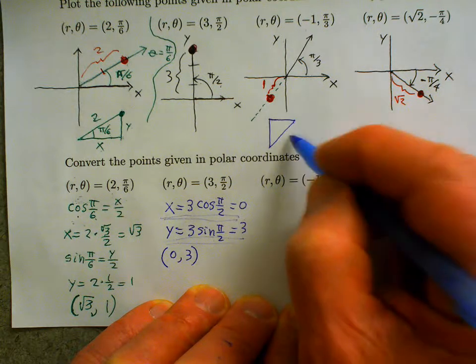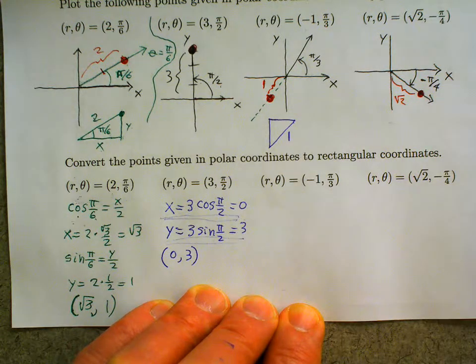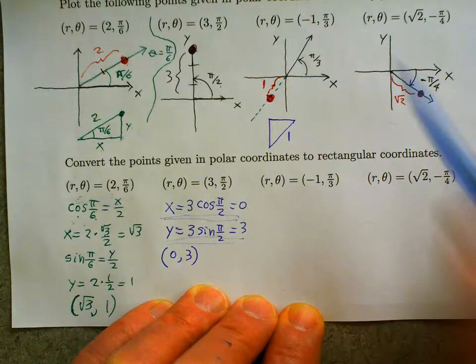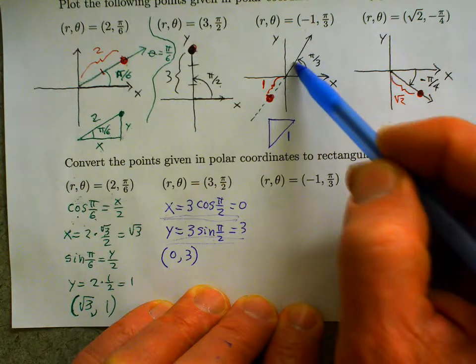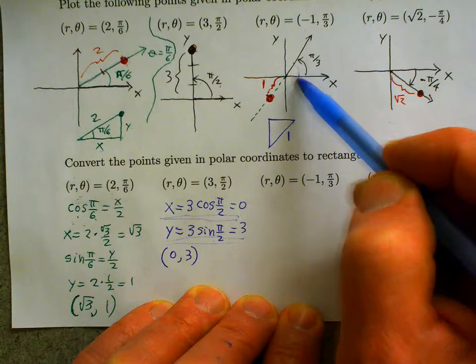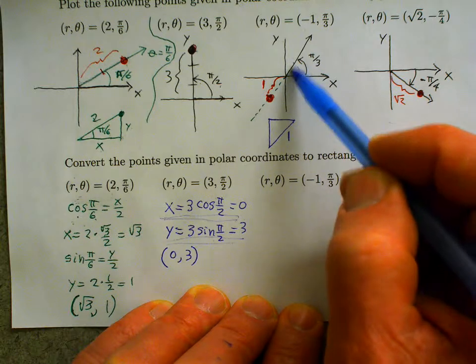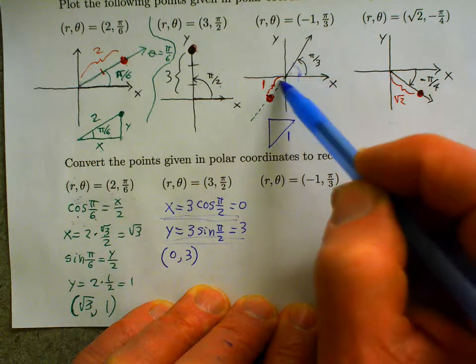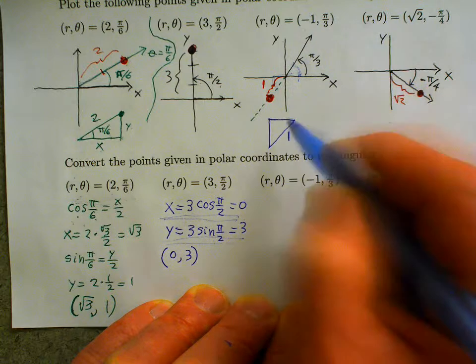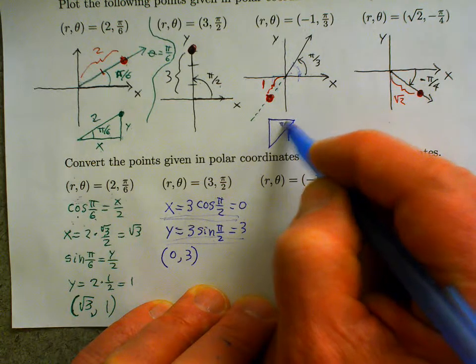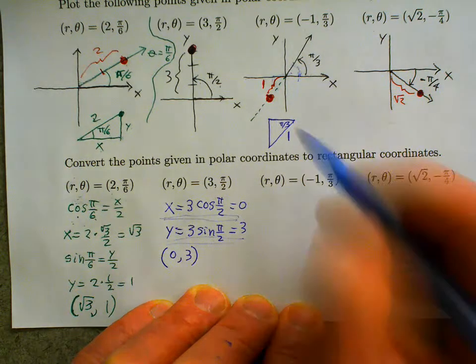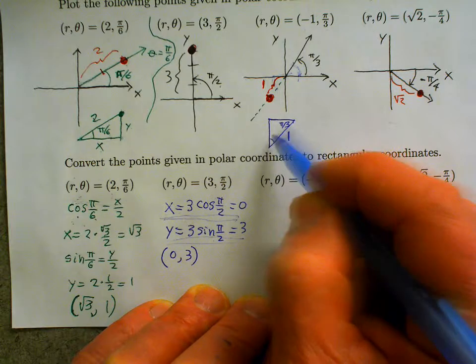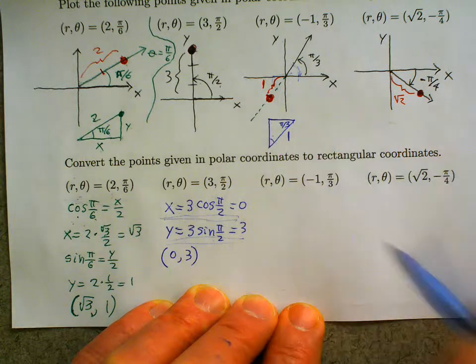The hypotenuse is 1. This angle is pi over 3. So the vertical angle, that's a term used in geometry, this angle is also pi over 3, which means this angle is pi over 6.